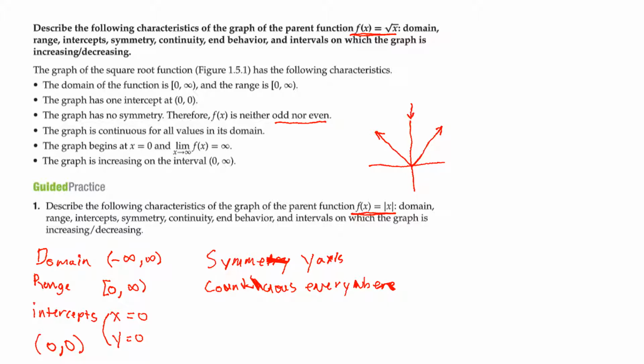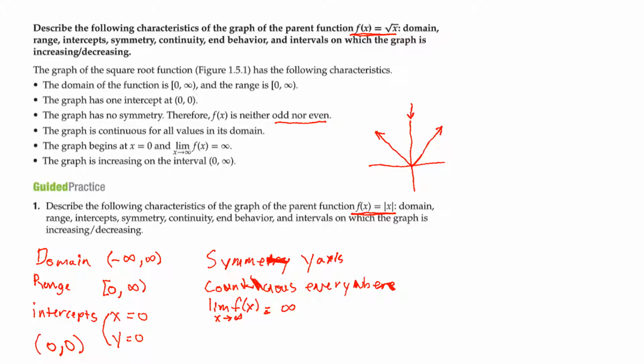All right. End behavior. So the end behavior as the limit, so we're going to write the limit of f of x as x goes to infinity. That is going to be infinity.